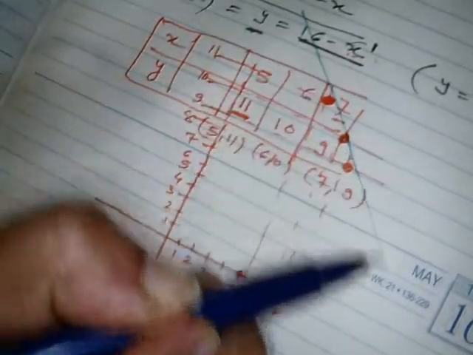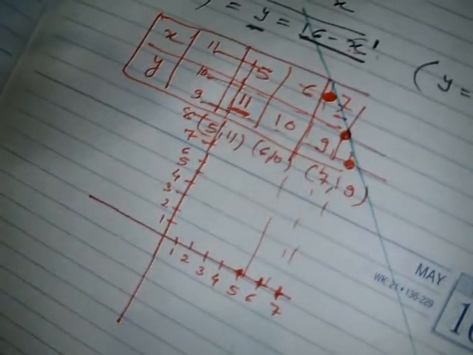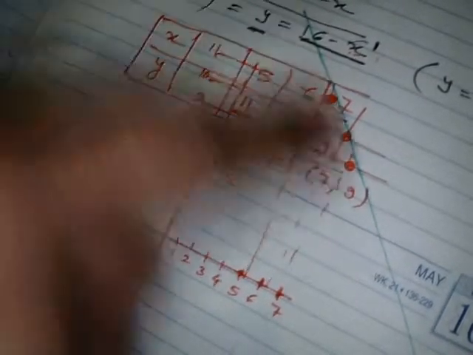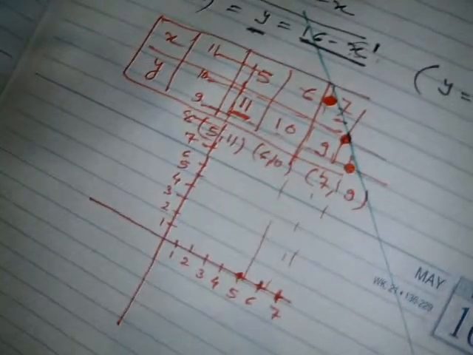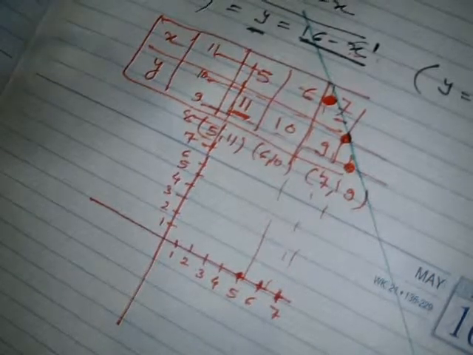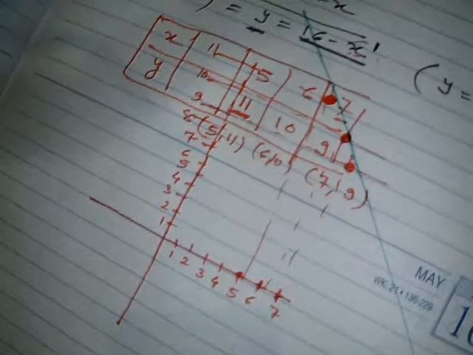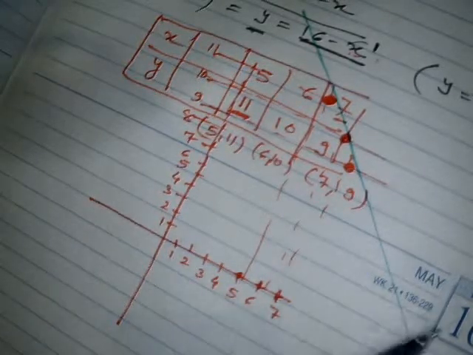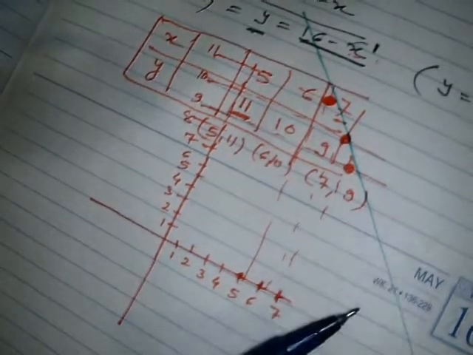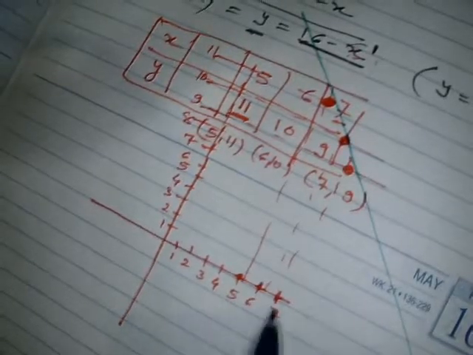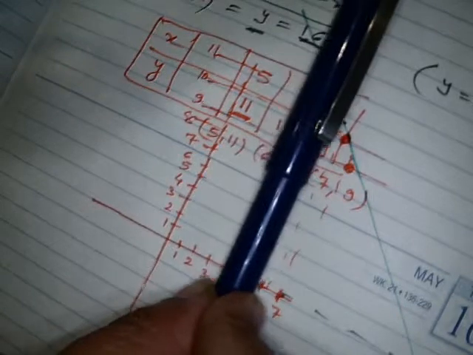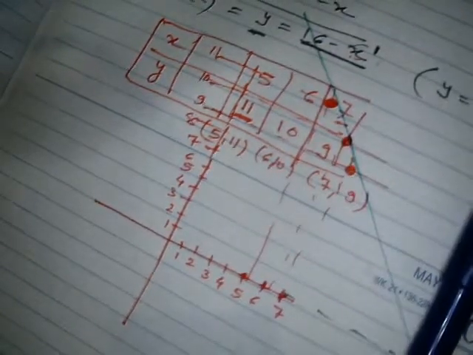So when it is a linear equation, you see a straight line, and it is a linear function. Even with your eyes closed, you can say this is a linear equation, a straight line. It is always going to be a function, because when you extend it and apply the vertical line test, every x returns one and only one y value. If every x returns one y value, then it is a function.